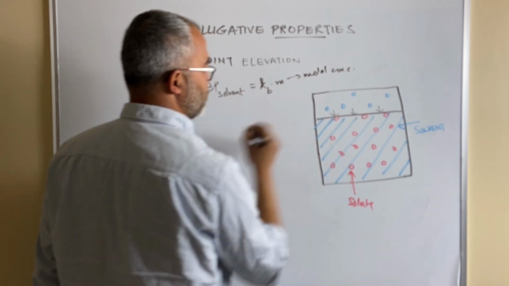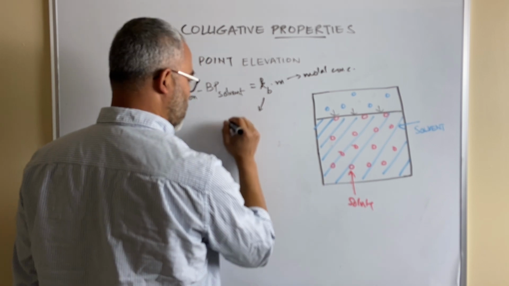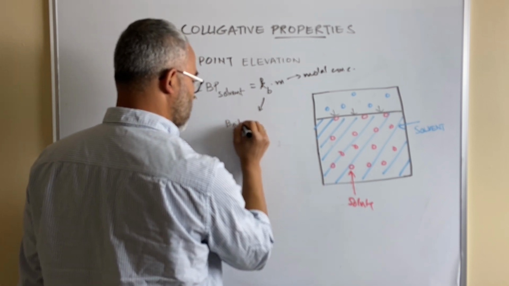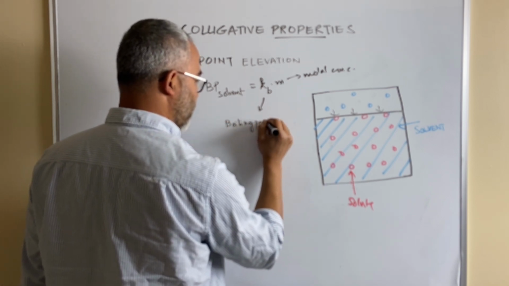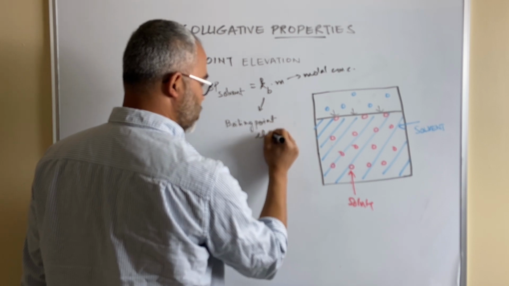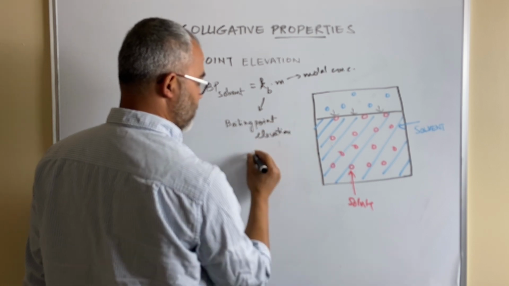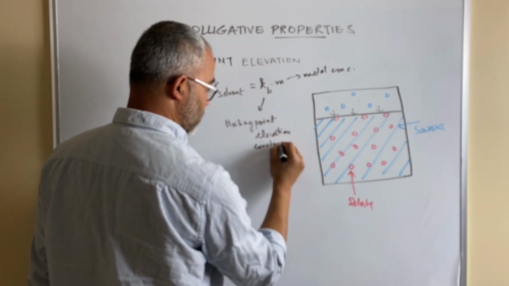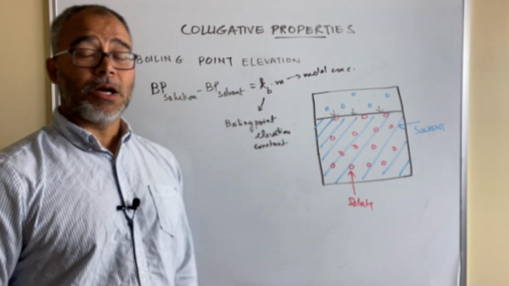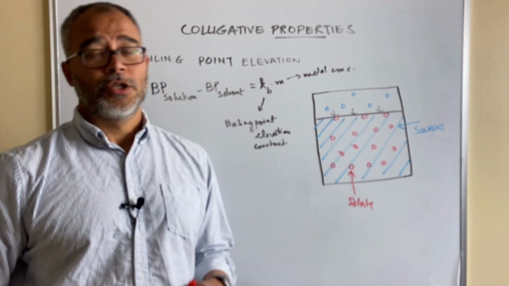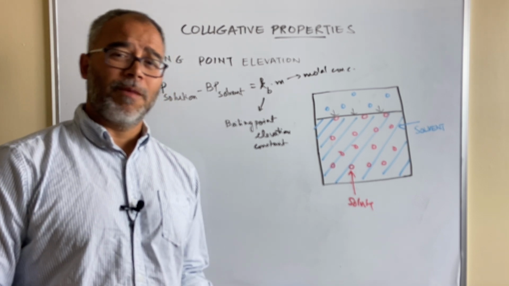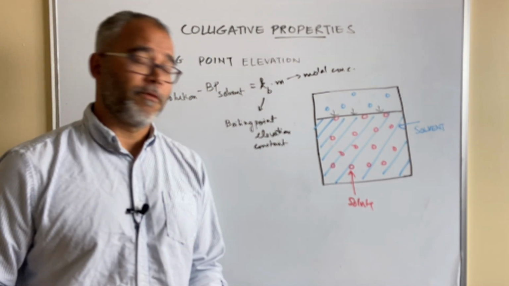That Kb is called the boiling point elevation constant. This is dependent on the solvent. So if you have water, it'll have a different value of Kb. If you have ethanol, it'll have a different value of Kb.